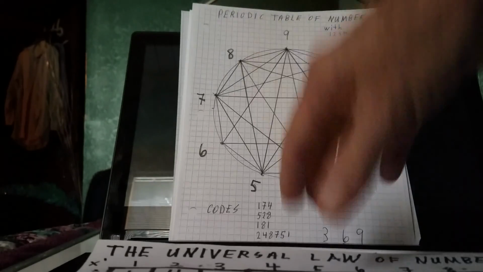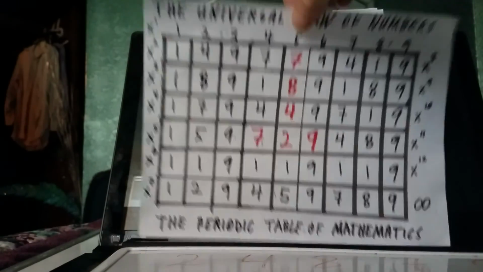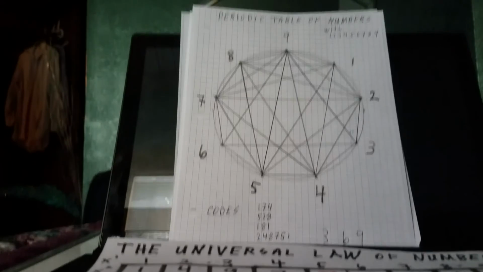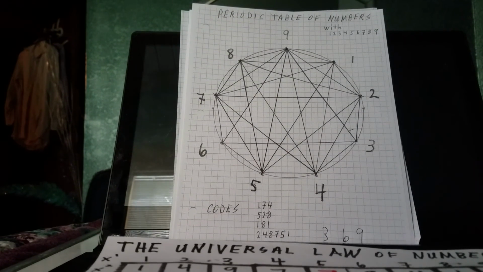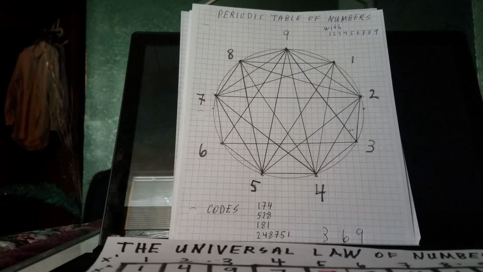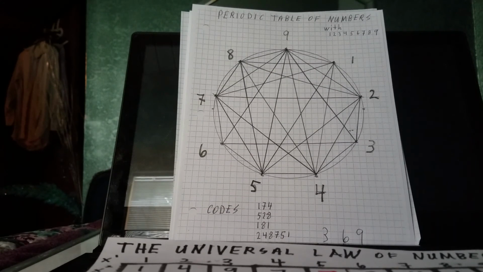You just basically give them the universal law of numbers and have them apply the codes, and they can connect the lines, and they can color them as they please. And if they were to do that, then I think you would see some very interesting geometric structures standing out inside of this diagram.